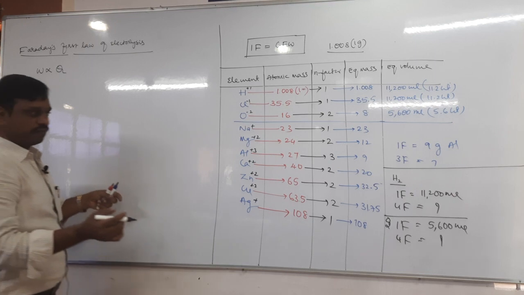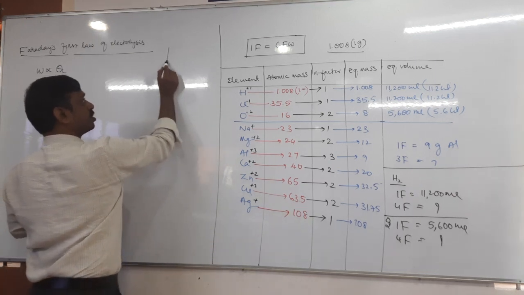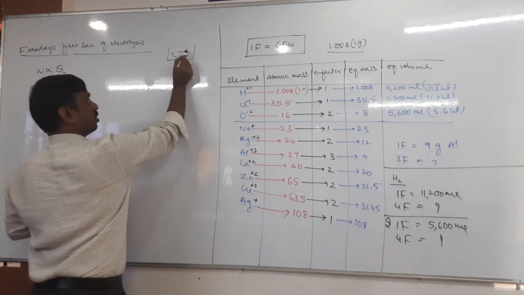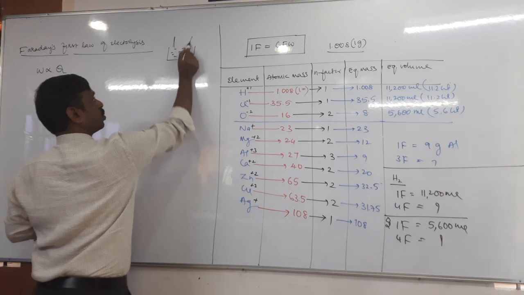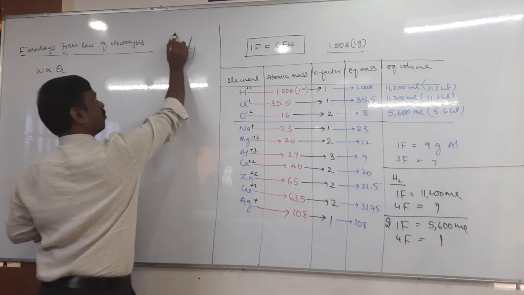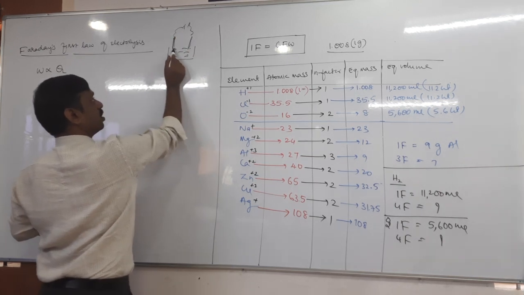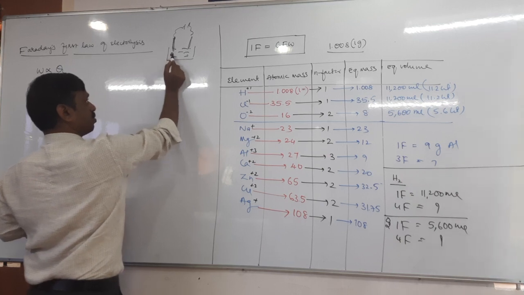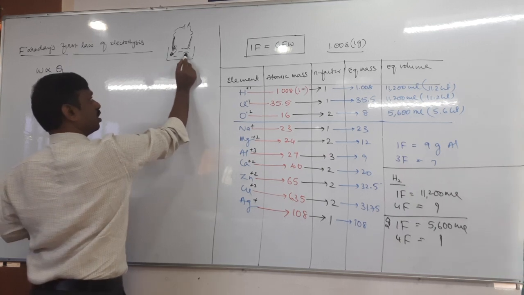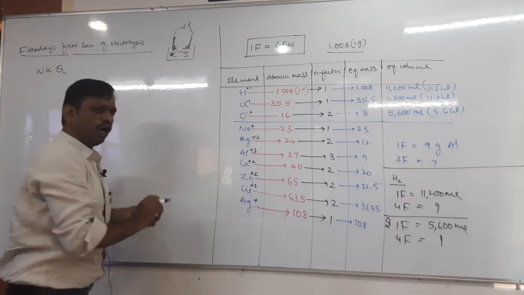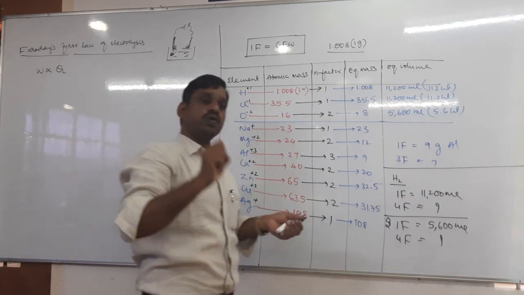We know that when electric current is passed through any electrolytic solution, there is a cathode and an anode. By using the cathode and anode, if you pass the electric current, what happens? Here it is a cathode. Suppose the substance is deposited here, and here also, no? Now how much substance is deposited at the electrode?